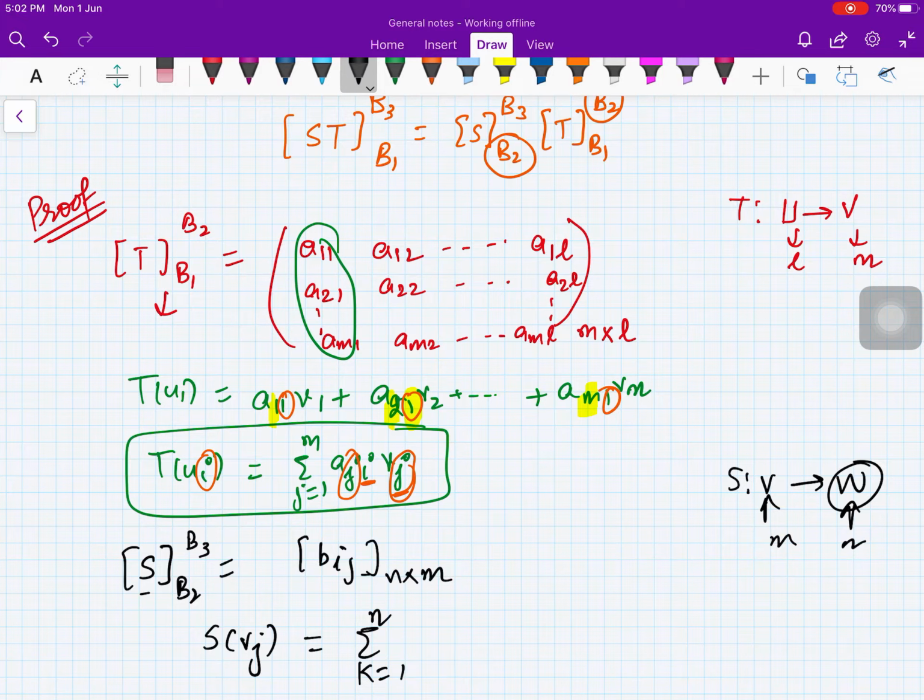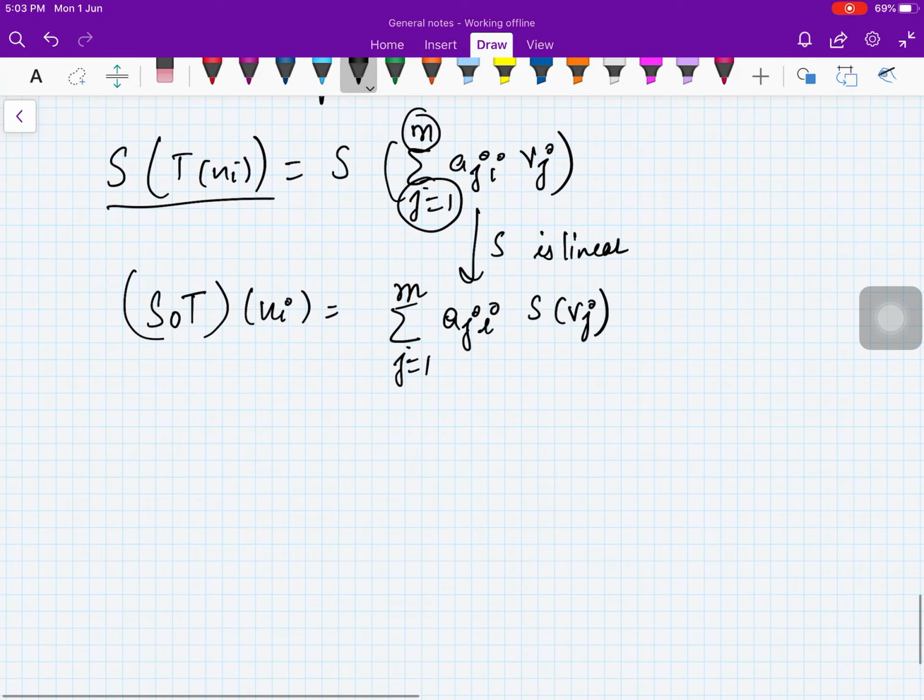S is a linear transformation, and this is an element of V. So you'll get S T of UI is equal to S of the sum over J from 1 to M of AJI VJ. Now this is by definition S composed with T operating on UI. Because S is linear and you have a finite combination here, the summation comes out: the sum over J from 1 to M of AJI S of Vj.